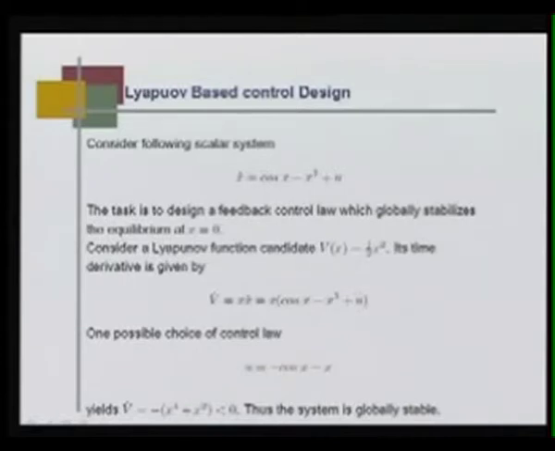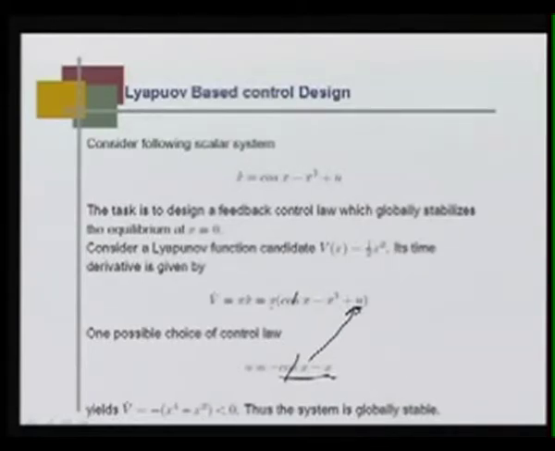So, if I select u to be minus cos x minus x, you get V dot is minus x to the power 4 minus x square. You can easily see that if I replace u here, the cos x term cancels out, and inside you get minus x cube minus x, and multiplying by x outside, you get minus x to the power 4 minus x square.